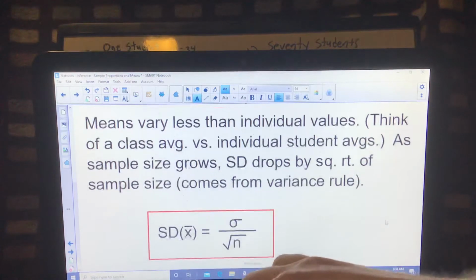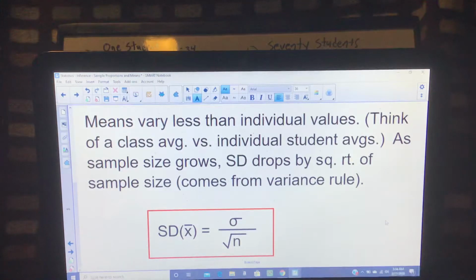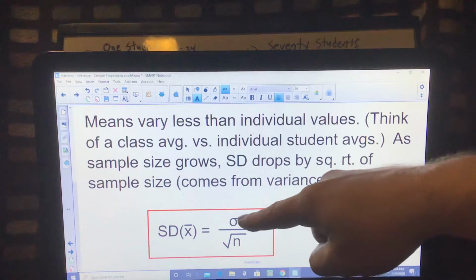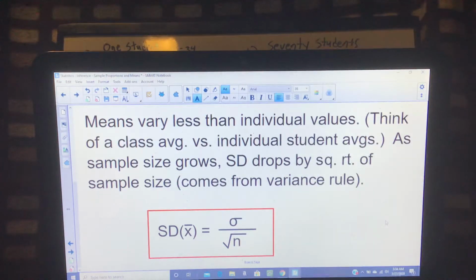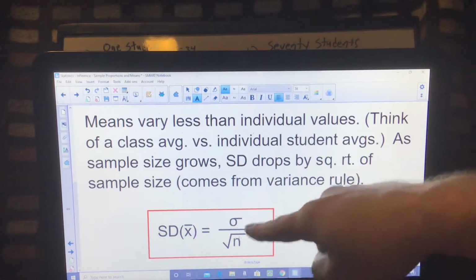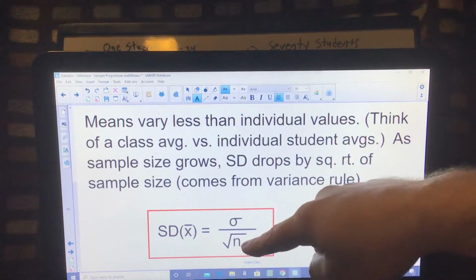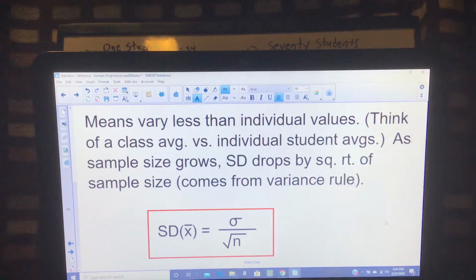This formula is the way we get the standard deviation for that normal curve that we saw. Sigma, that's the Greek letter sigma, stands for the population standard deviation. If we know the population standard deviation, for an individual, we divide it by the square root of n, where n is the sample size.